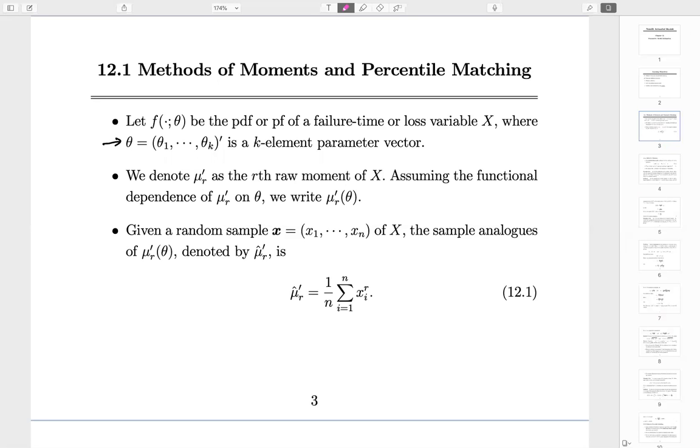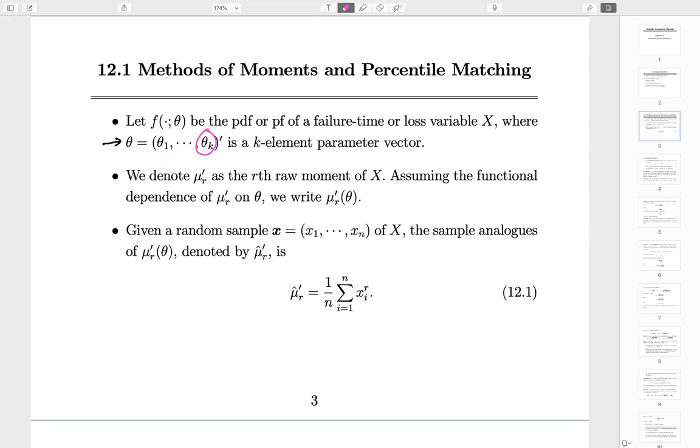So in order to achieve this purpose, basically here we have k parameters to be estimated. Sometimes it will be less than k if some of them are given. We are trying to apply the moment matching method. In order to use this method, we need to compute the moments, right?